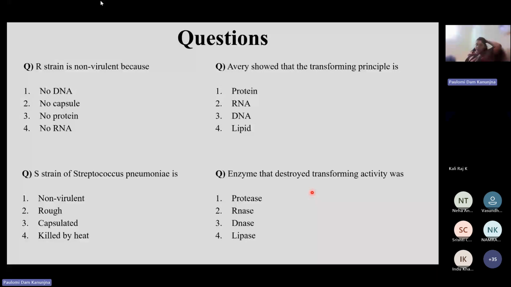We already did the Griffith experiments and the follow-up by Avery. These are just questions which pertain to these experiments that we just discussed.